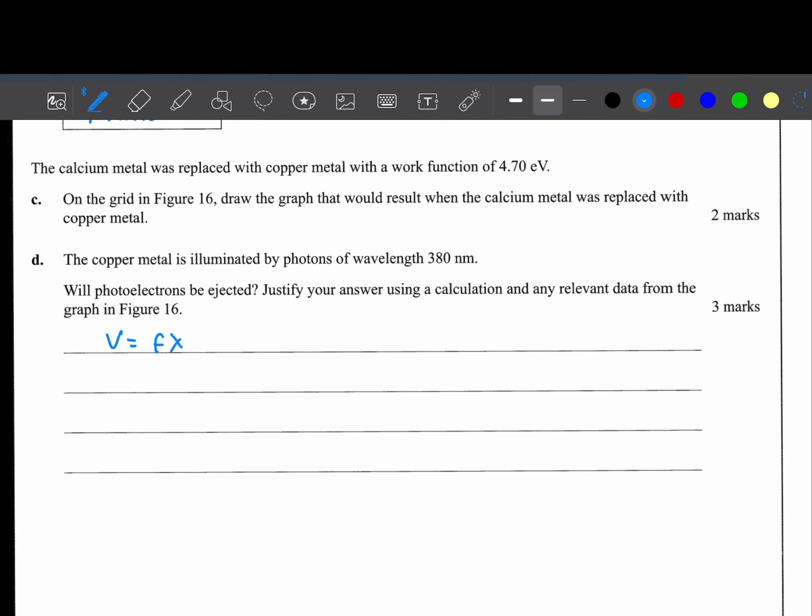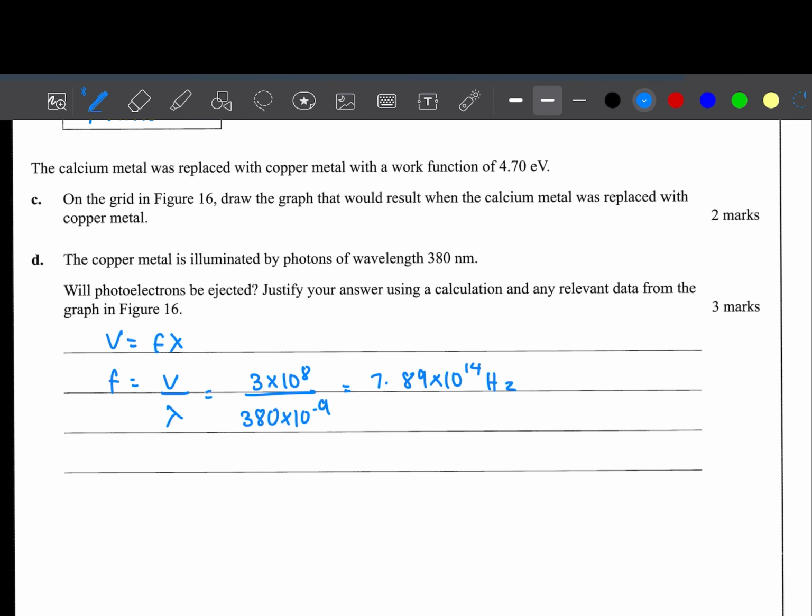So again, V equals F lambda, and F is equal to V on lambda, which is going to be 3 times 10 to the 8, the speed of light, on 380 times 10 to the negative 9. So 7.89 times 10 to the power of 14 hertz.